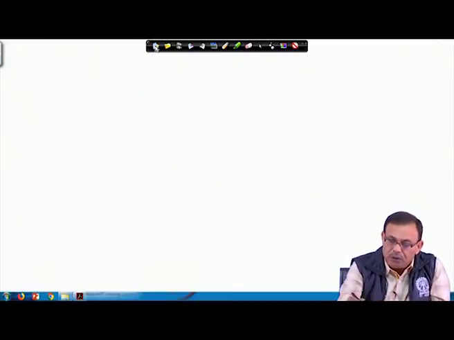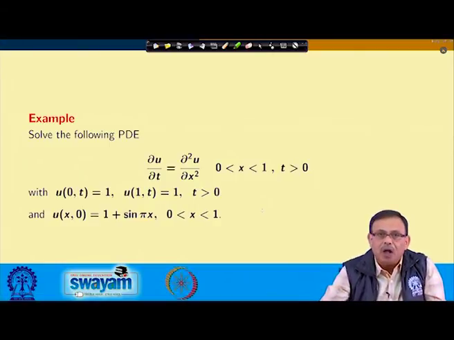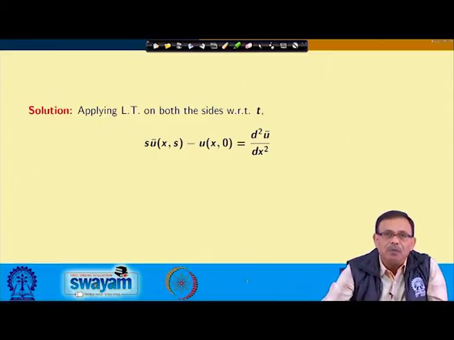So, let us see quickly, this was your original problem, and you are taking the Laplace transform on both sides with respect to t, that is s u bar x s minus u x 0 on the left hand side, and on the right hand side it will become d square u bar by dx square. So, this u x 0 is nothing but 1 plus sin pi x.